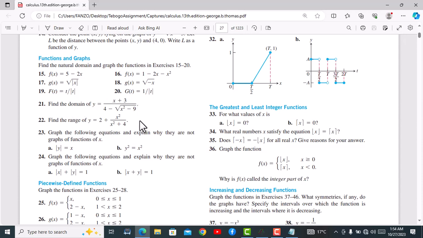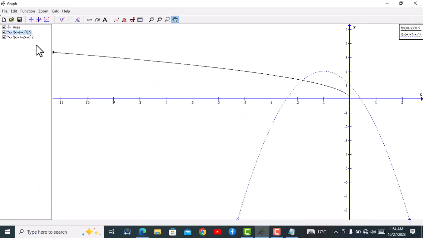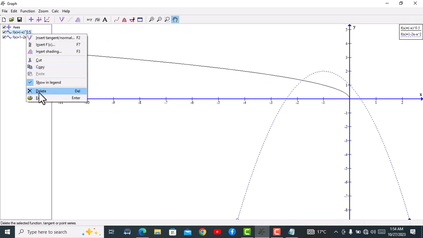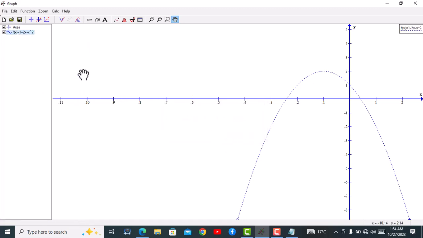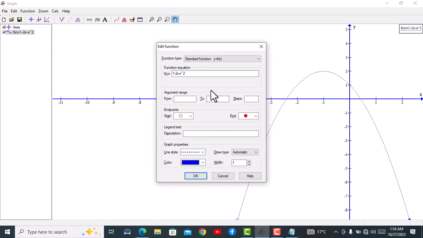Let's go to this one. Find the domain of y equals x plus 3 over the square root of 4 minus the square root of x squared minus 9. So let's try to do that. I'm going to take this one as the numerator. Let me delete this and edit this one.